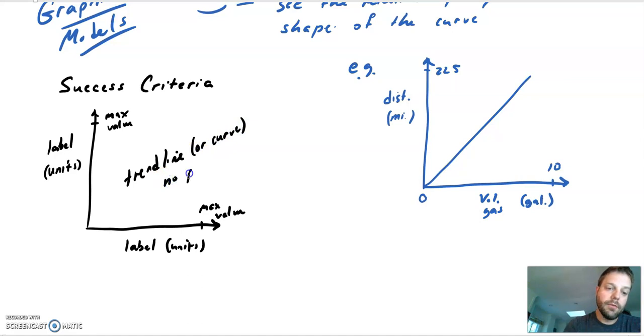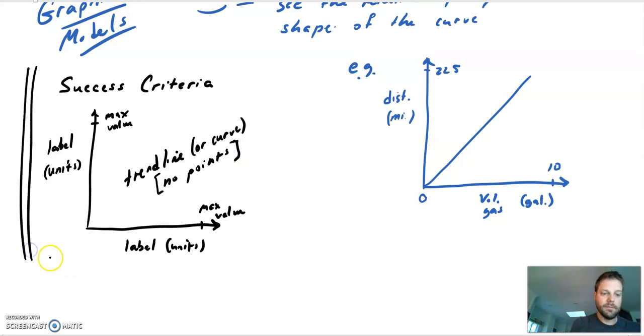And I do not want points. I'm not going to mark off, very likely, if you put points on there, but I don't want points since this is not a scale. Okay, so this would be our success criteria.